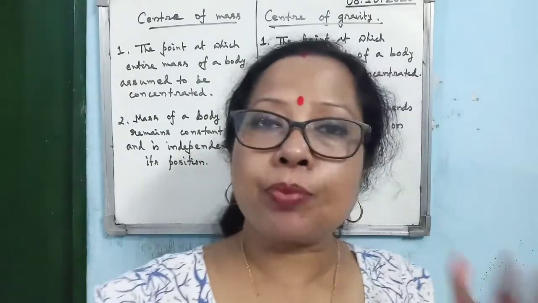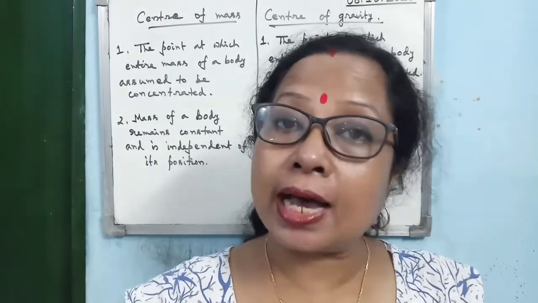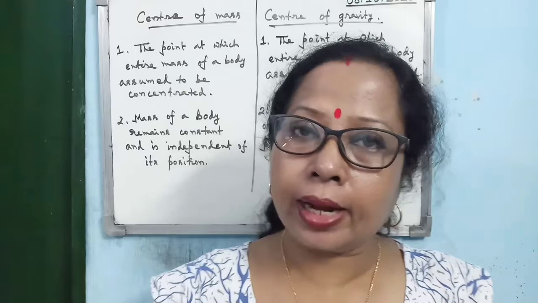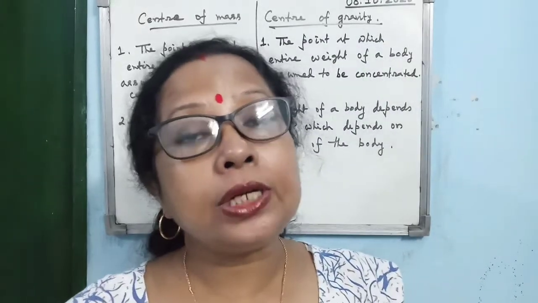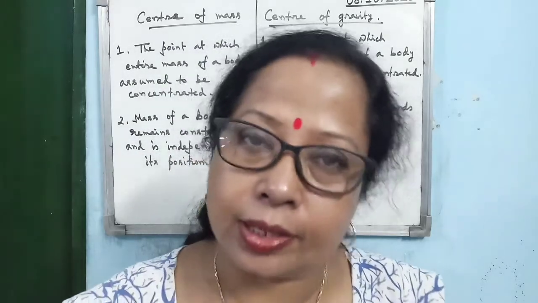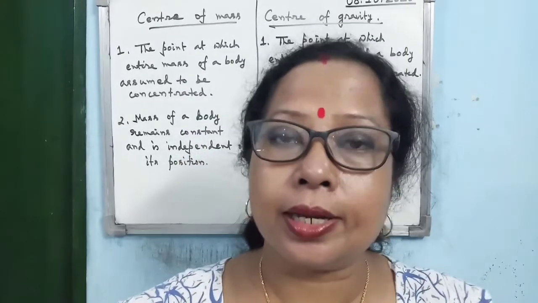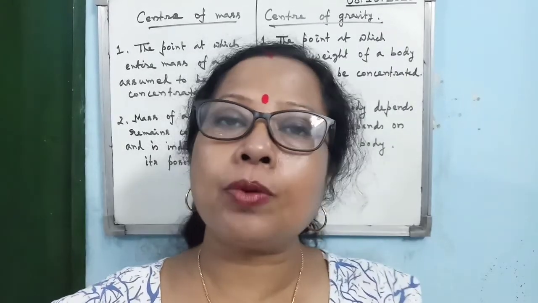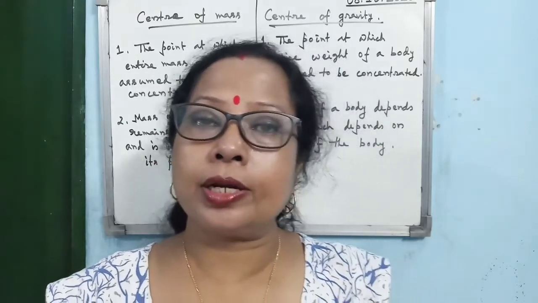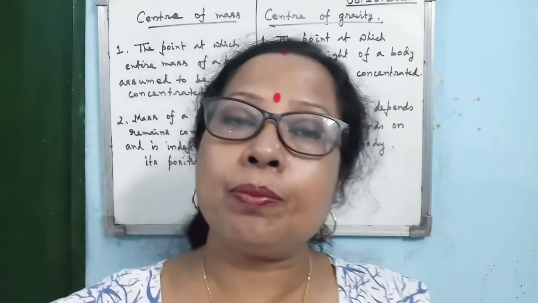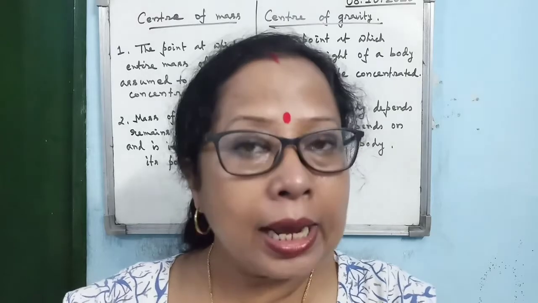Center of mass is the point where we assume that the total mass of the body is concentrated, whereas center of gravity is the point where we assume the total weight of the body is concentrated. The second point of difference is that the mass of a body is constant and does not depend on the position of the body, whereas the weight of a body depends; weight is given by m into g. I hope you remember the formula, W is equal to m g.